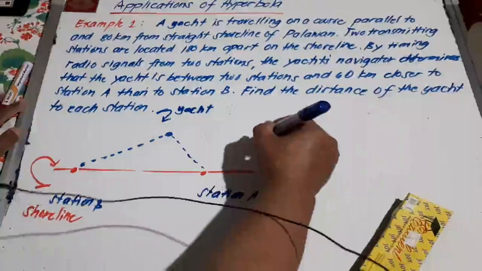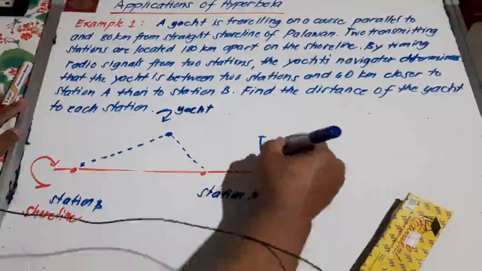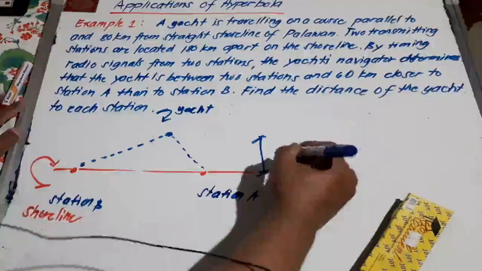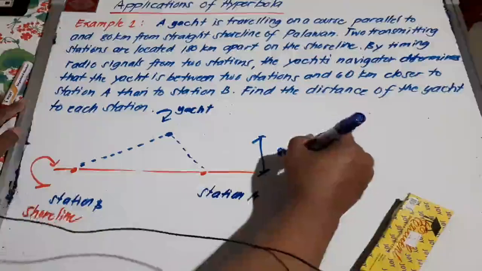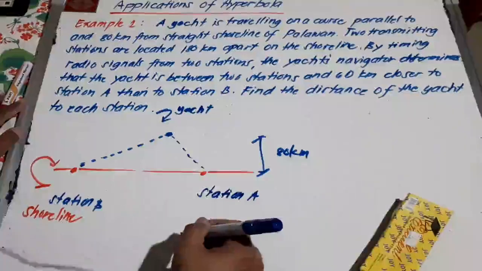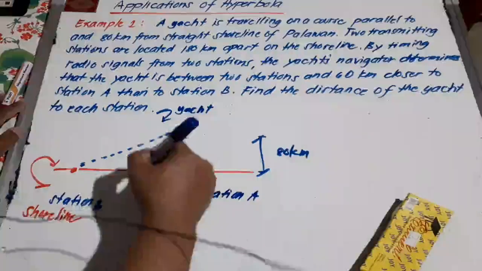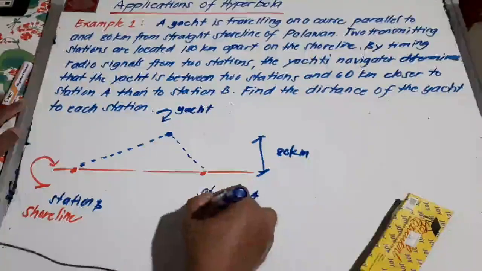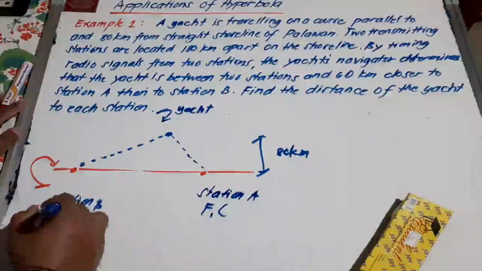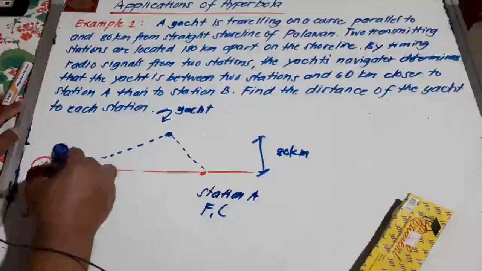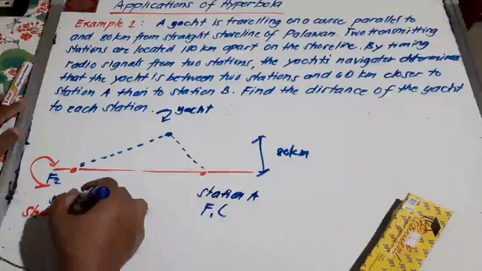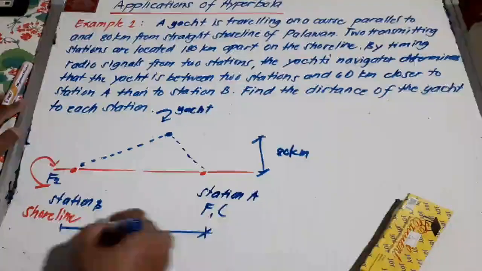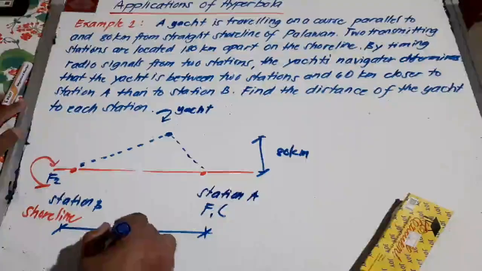At ang layo ng ating yate dun sa ating shoreline ng Palawan is 80 kilometers. Okay. And then, let's say na andito yung ating F1, okay, at yung ating F2. At yung distance between the two stations ay 180 kilometers.